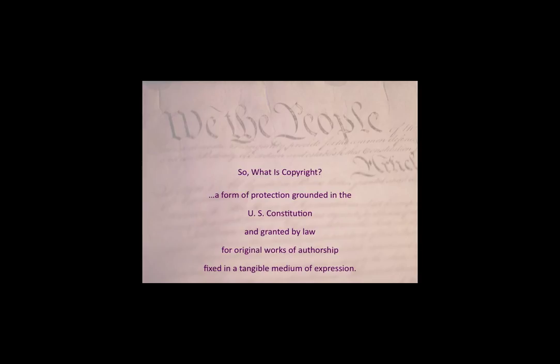Basically, in a nutshell, copyright is a form of protection grounded in the U.S. Constitution and granted by law for original works of authorship fixed in a tangible, set medium of expression. And it covers both published and unpublished works. So it has to be something tangible, but it doesn't have to be formally published.